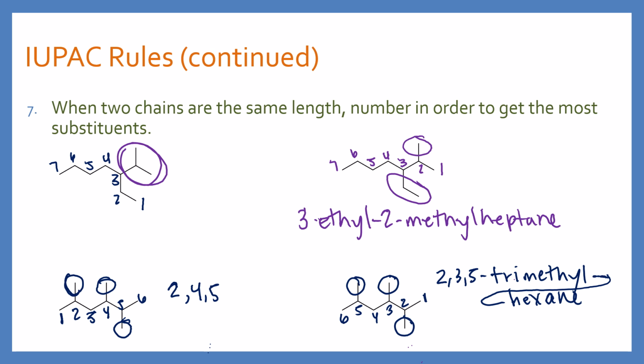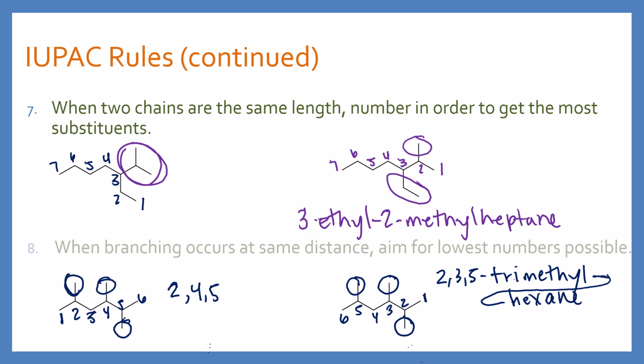Versus 2, 4, 5 trimethylhexane. Ah, there it is. That's what helps. The last rule: when branching occurs at the same distance, aim for the lowest numbers possible, which is what we ended up doing. And that branching occurs at the same distance is because we had the first substituent popping up at the same time.